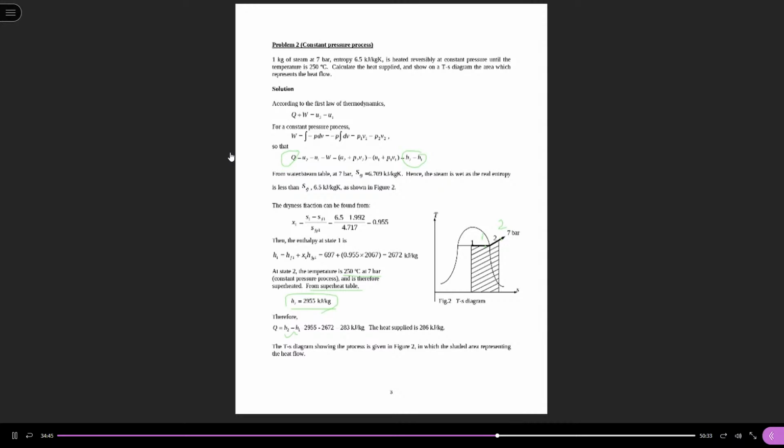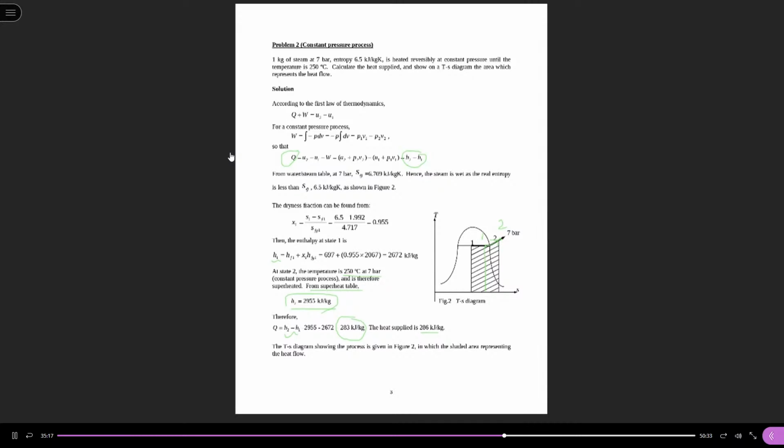Then we calculate. State 1 is in the wet region, and for this heating process, it absorbs heat of 286 kilojoules per kilogram.